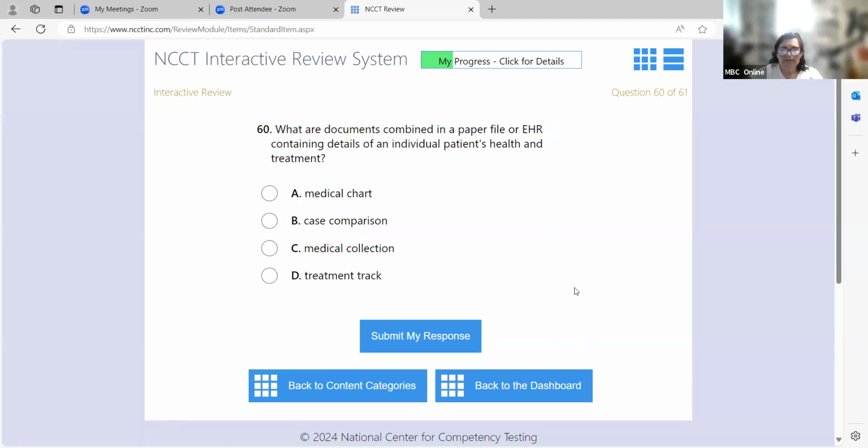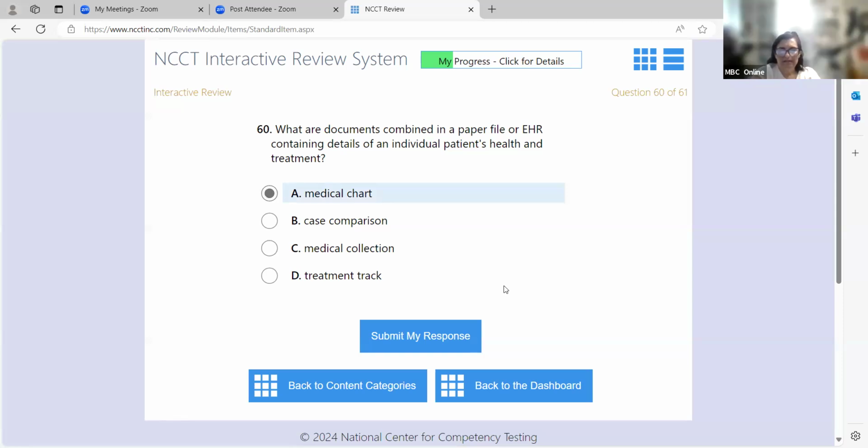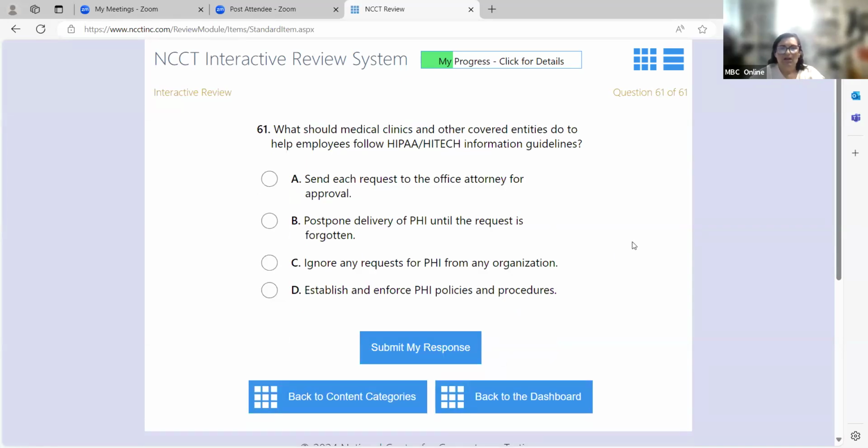What are documents combined in a paper file or EHR containing details of an individual patient's health and treatment? Is it the medical chart, case comparison, medical collection, or treatment track? A. Any other guesses? A, correct. Medical chart. Here's our last one.